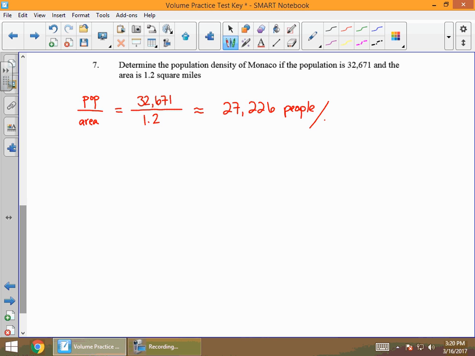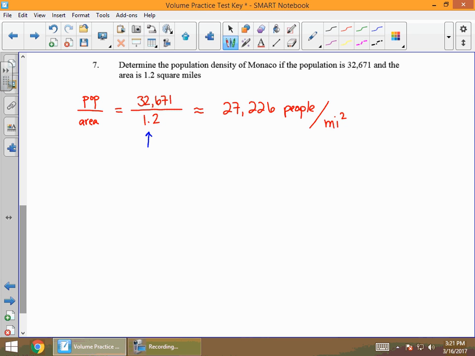per square mile. Yeah, I know that seems like a lot, as we were talking about the population densities of Ohio and the U.S. and Delaware and all those different things. Understand this: when you have an area that is so small and there are so many people in that small of an area, you're going to expect a really, really high population density.